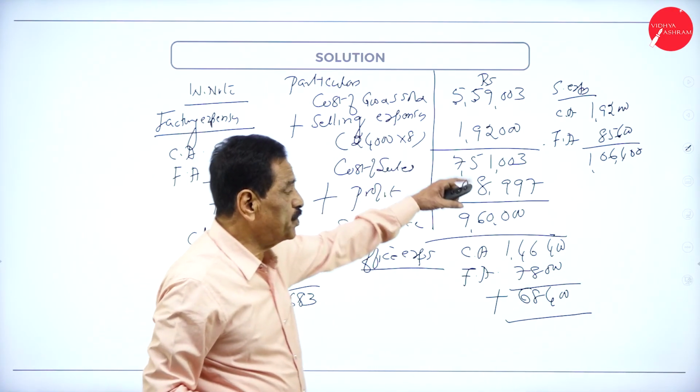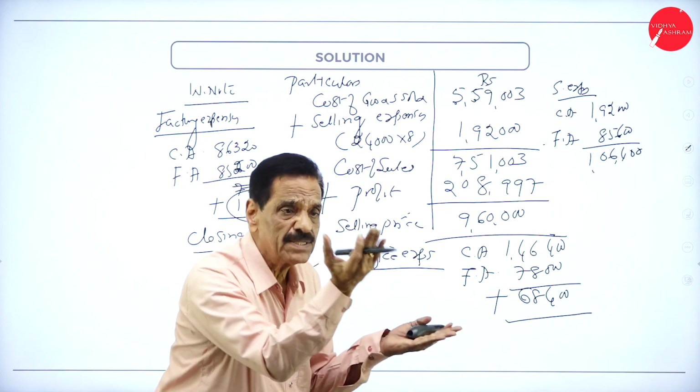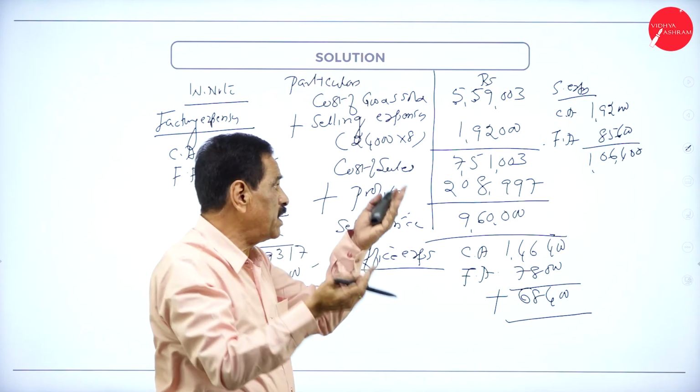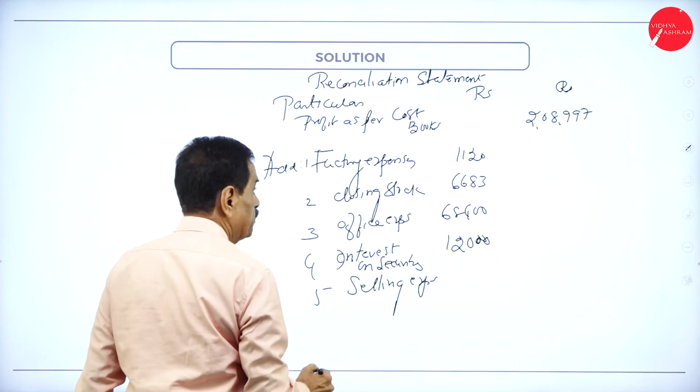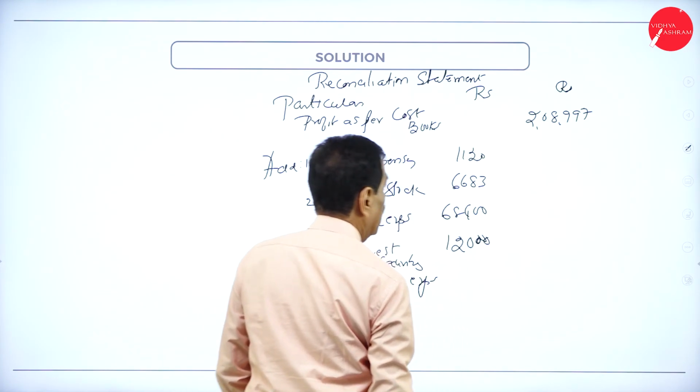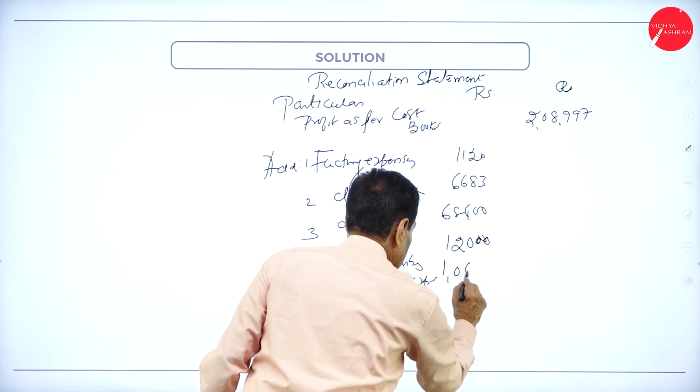Who charges more? CA. Their profit will be less, financial profit is more. To make equal, add back. Selling expenses, how much will come? 1,06,400.